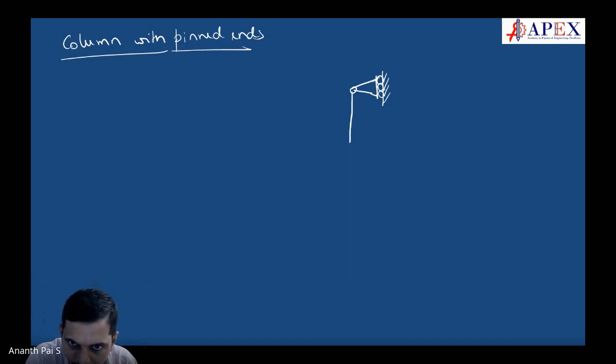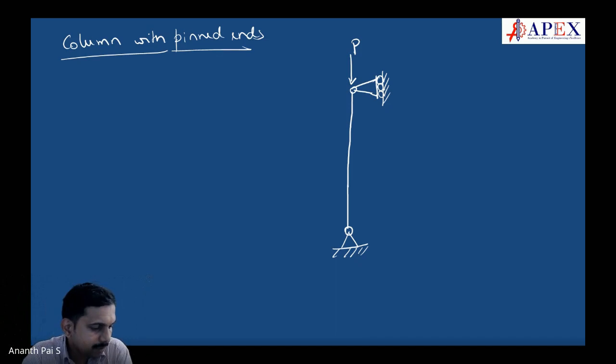And then I have a straight column here, and a load P is applied. This has a length L.